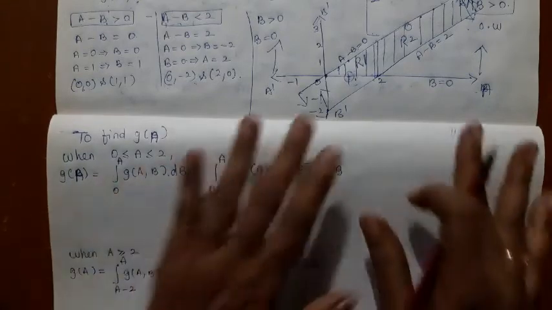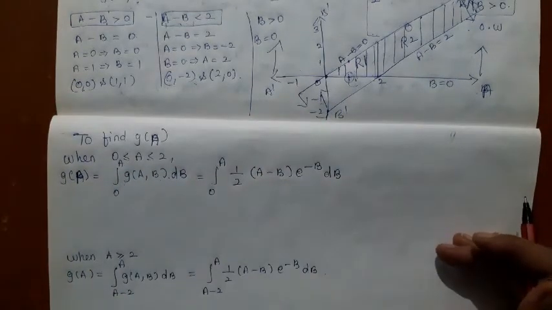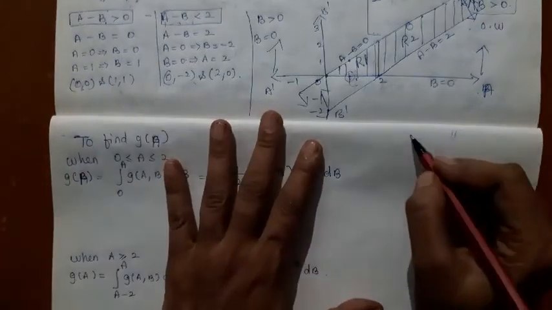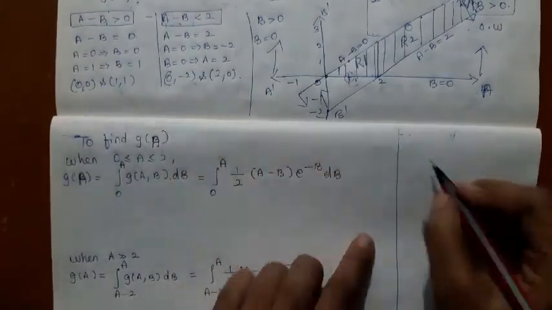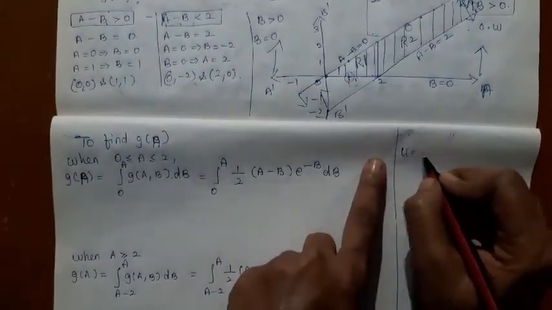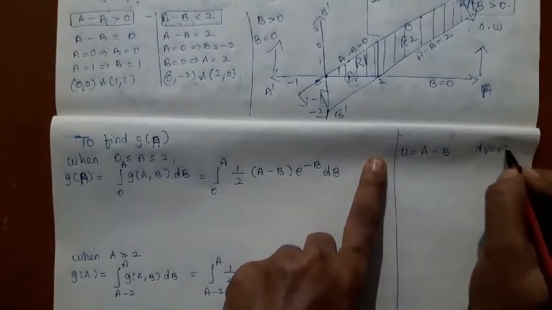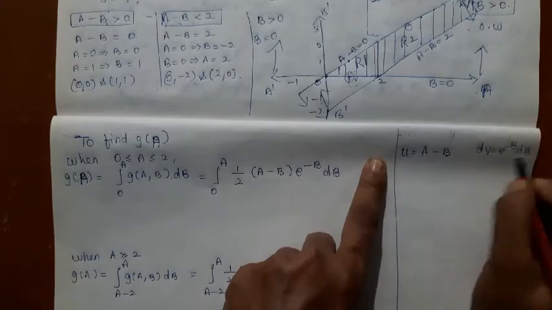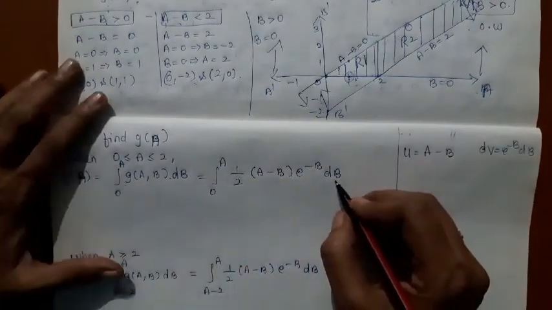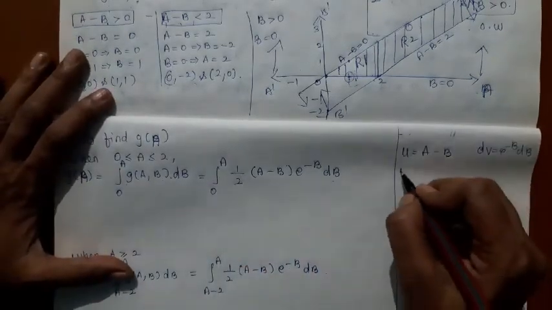Okay. To do this integration, let us use Bernoulli's formula, right? Let me take a minus b as u and dv is e power minus b db. You are integrating with respect to b. So what is u dash?